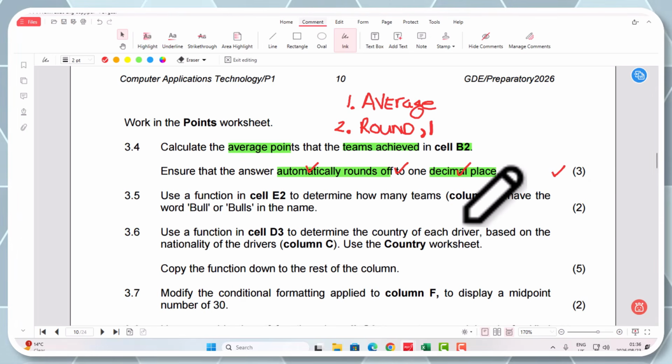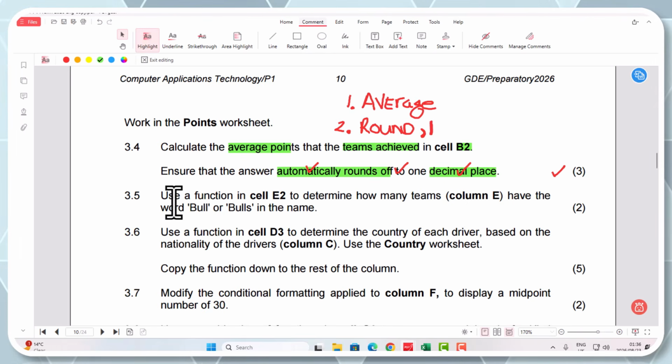3.5. Use a function. Let's go get our little highlights again, use a function in cell E2. So it is a function still, it's a calculation, in cell E2 to determine how many teams in column E have the word bull or bulls in the name.